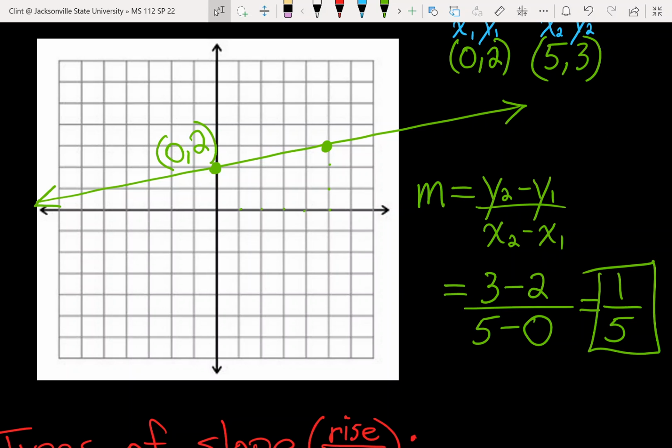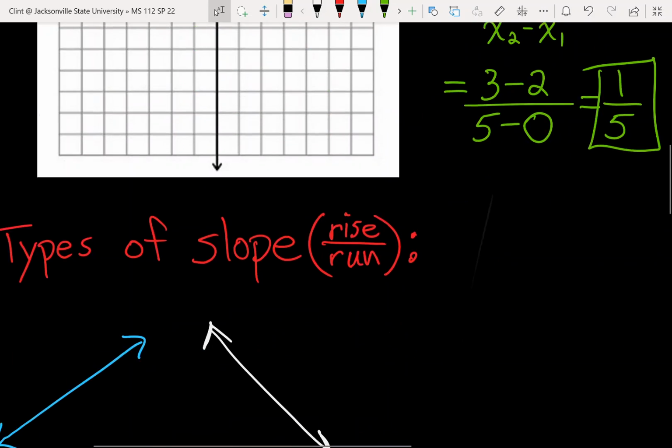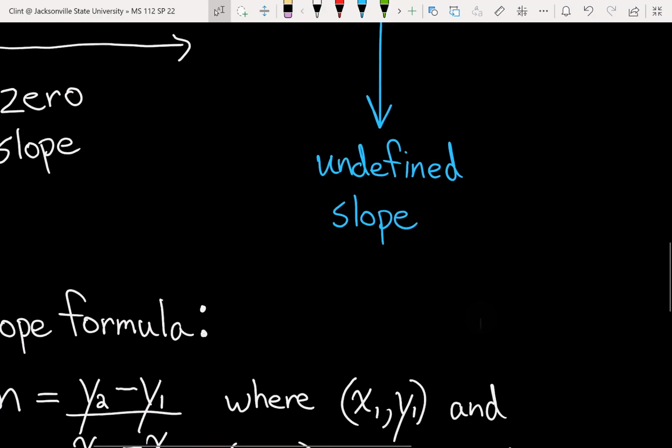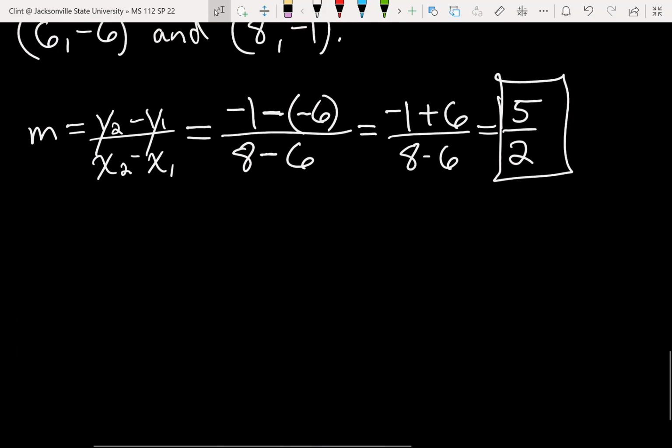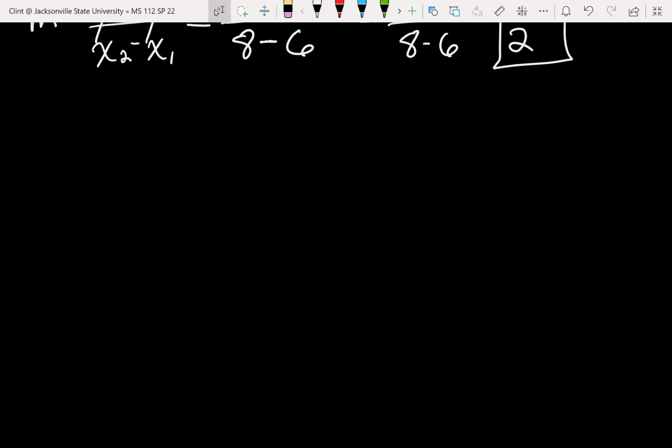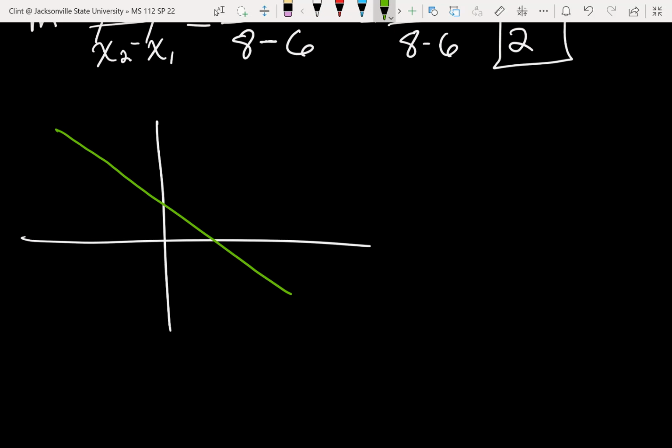Questions there? All right, so that's one of the big properties of a line, its slope. The other thing we want to talk about is if we have a line that crosses the y-axis or the x-axis, the place where it crosses the y-axis we call the y-intercept.